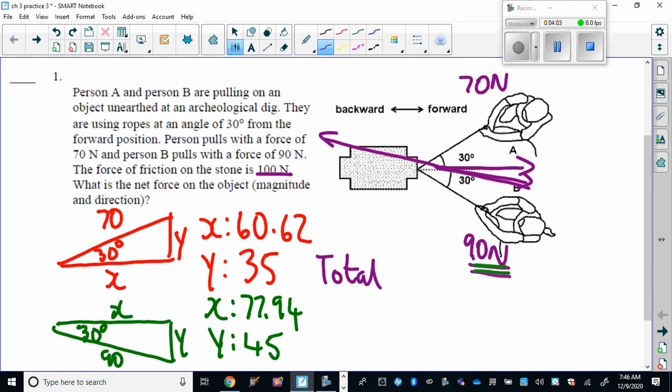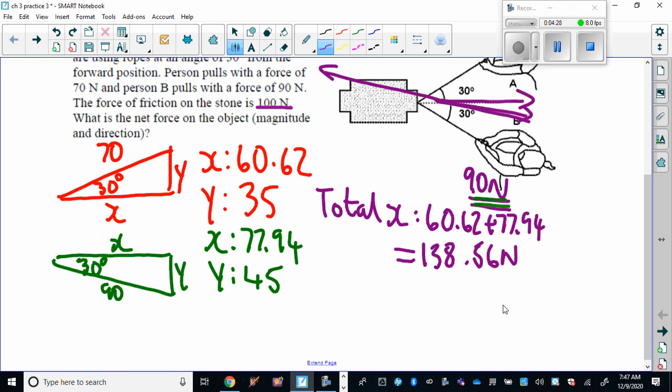All right, so our total X is pretty easy. It's just 60.62 plus 77.94. They're both going to the east or to the right. Add those up, and we get a total of 138.56.